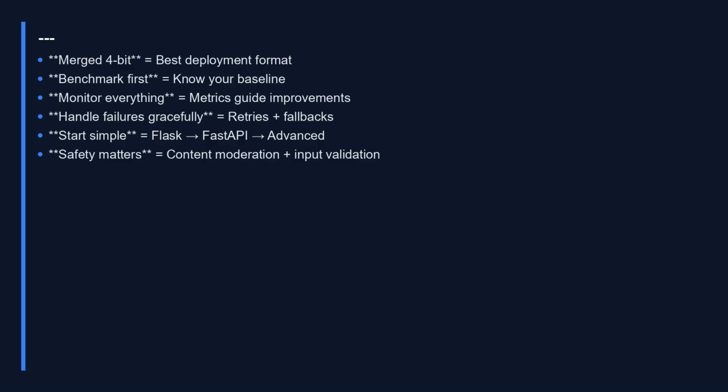Build retry logic and fallbacks in from the start. Failures in production are inevitable, and how your system handles them defines the user experience. Start with Flask, graduate to FastAPI when you need validation and async, and reach for more advanced infrastructure only when you have a real scaling problem. And content moderation isn't optional. Add it before you open traffic to real users.